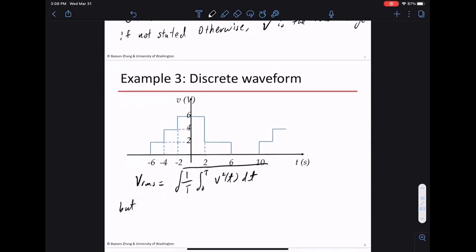But Vmax over root 2 only works for sine and cosine, so that's the only time it works. If the homework or the exam asks you to find the RMS value of, for example, this periodic signal, then you have to do the integral.